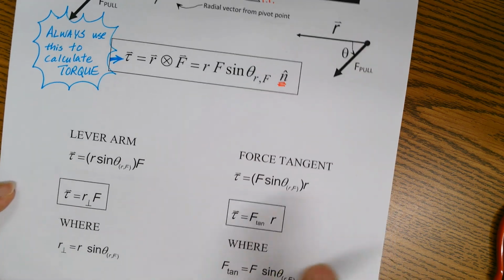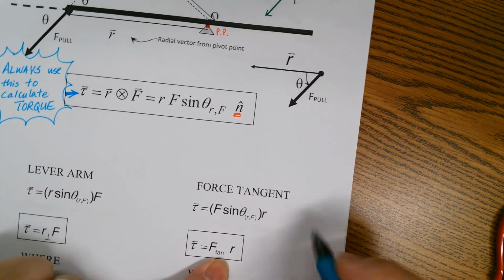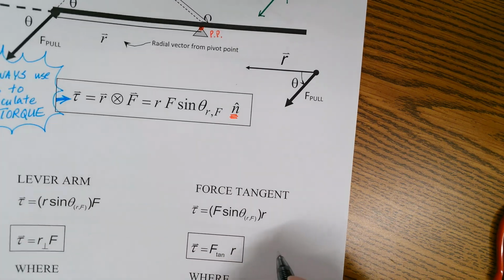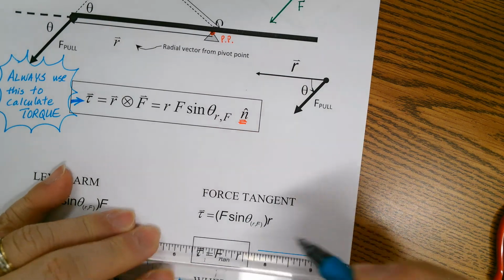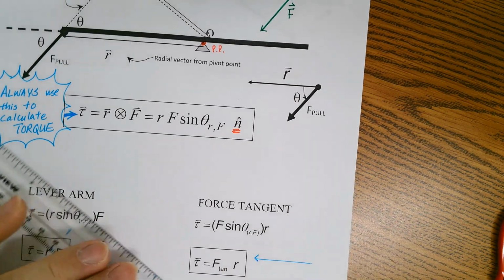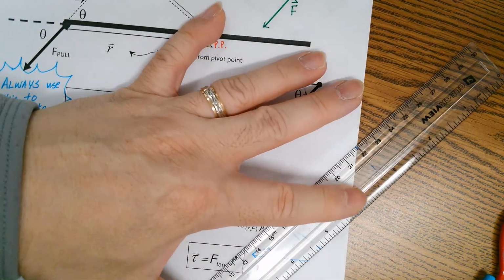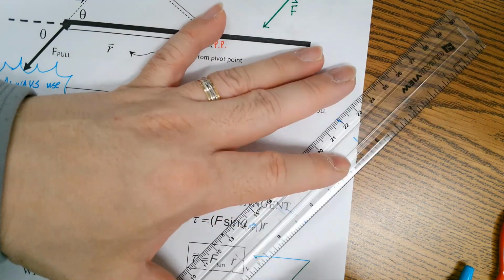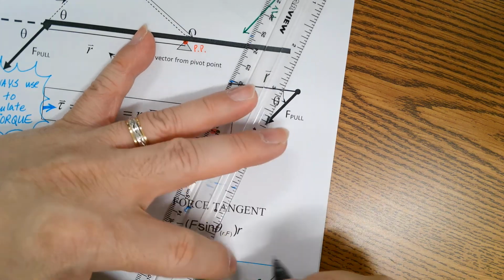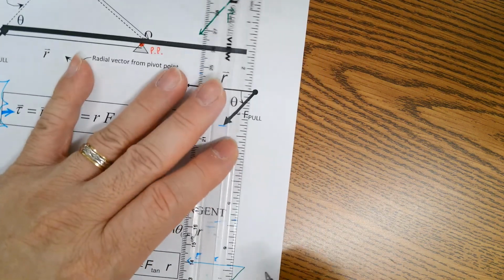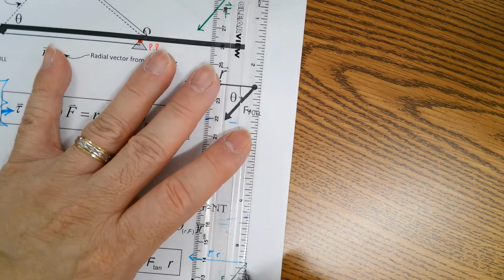So in this case, to visualize it, here's your R, and then here's your F. So you're doing this.